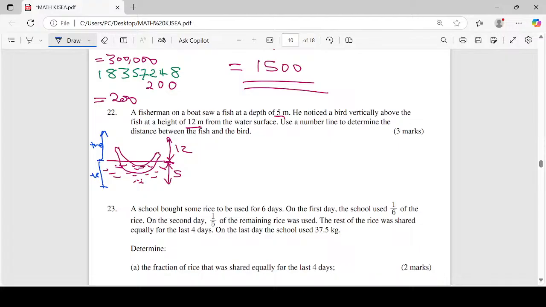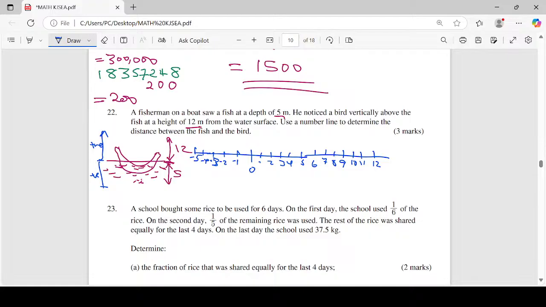Diagrammatically, using a number line, at the surface I let it be 0. Downwards, I go down to -5: -1, -2, -3, up to -5. Then upwards, 1, 2, 3, 4, 5, 6, 7, 8, 9, 10, 11, 12.